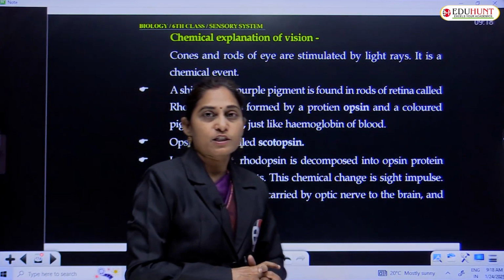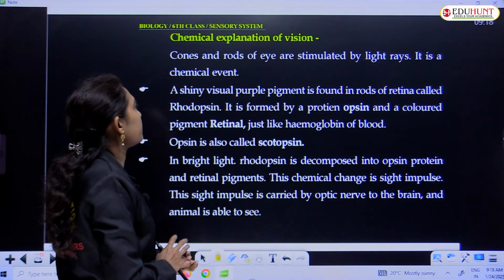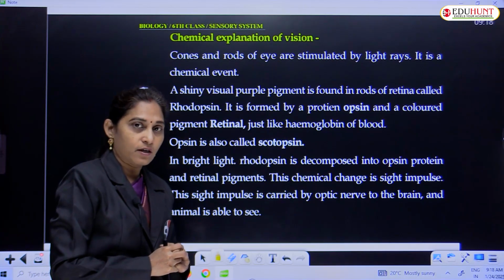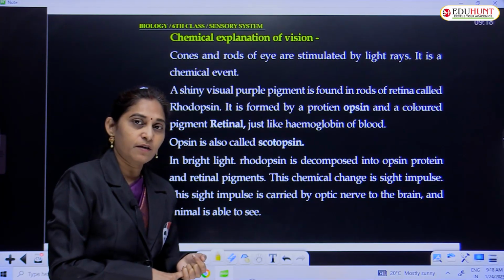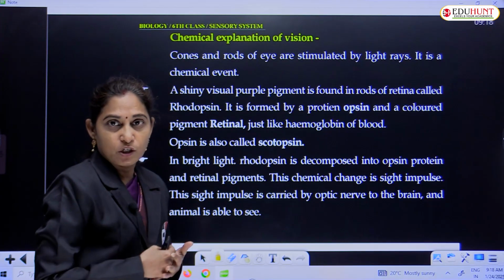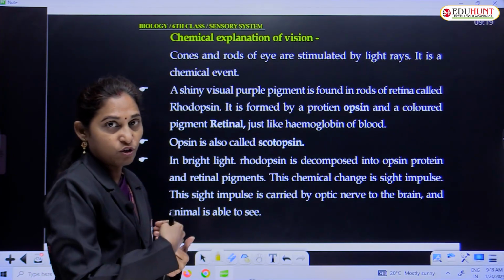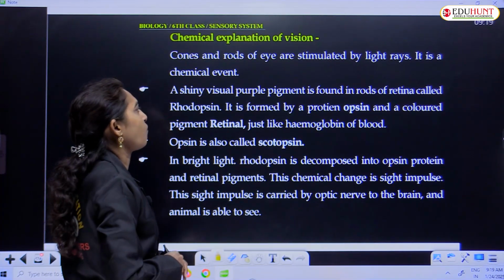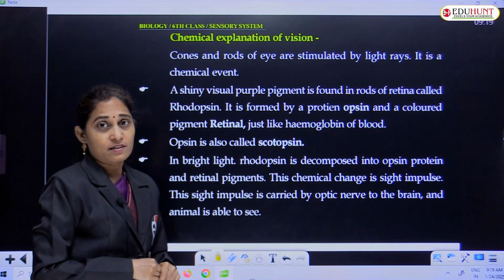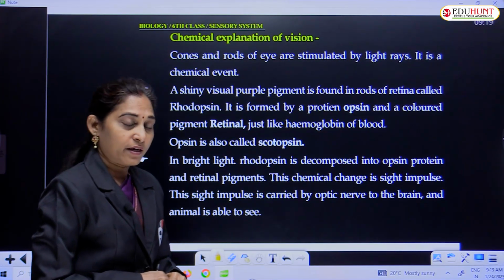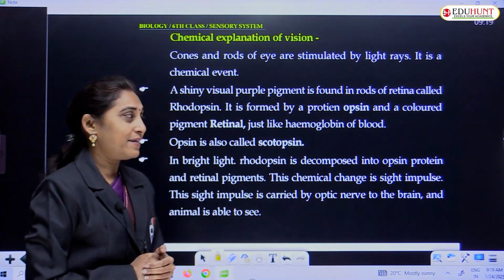Okay, chemical explanation of the vision. It is the chemical event. We know that our eye has cornea, sclera, iris, pupil, retina, aqueous humor, vitreous humor, lens, all these things are present. Whenever the light falls, our sensory cells that are rods and cones, they respond to the light signals.